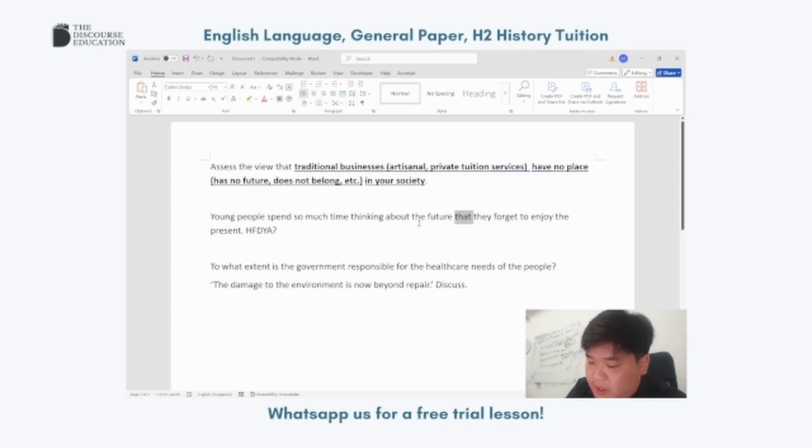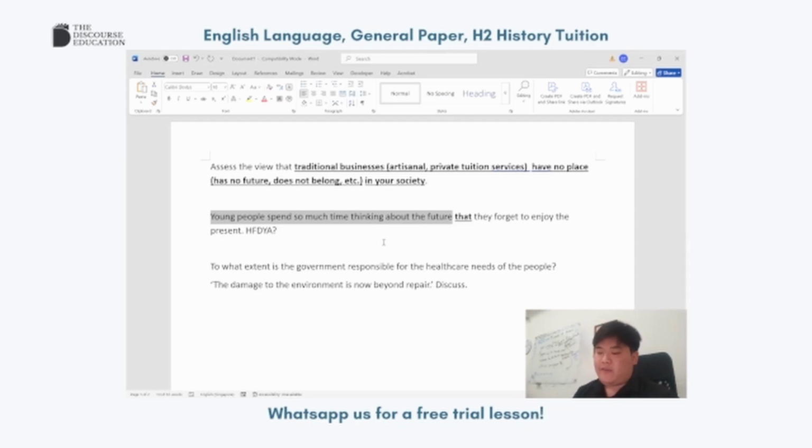This particular word is very, very important, because in the syntax here, it serves as a connector between two ideas. So the first idea is young people spend so much time thinking about the future. They think about the future excessively. Okay?